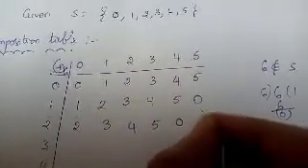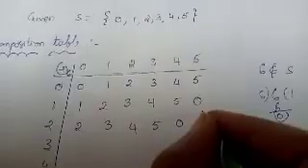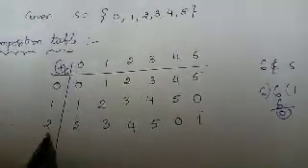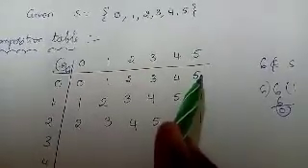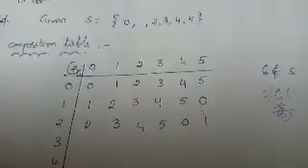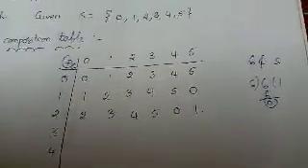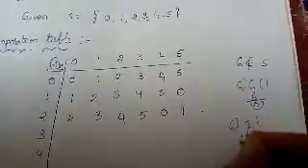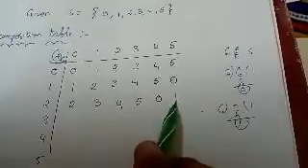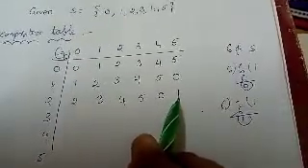So 7 also does not belong to the set, so we apply addition modulo 6. 2 plus 5 gives 7, and 7 does not belong to the given set. So we apply modulo 6. What is the remainder value? 1. Then we enter that remainder value in the composition table.